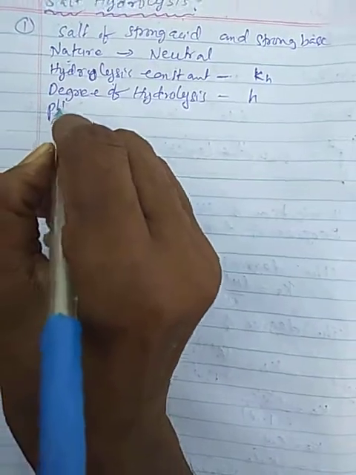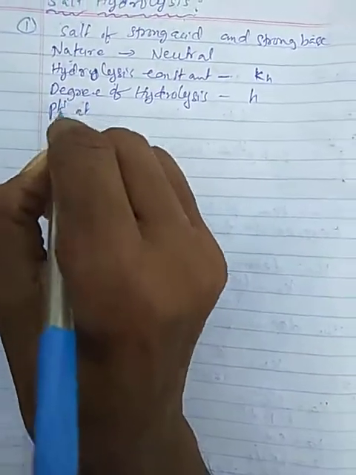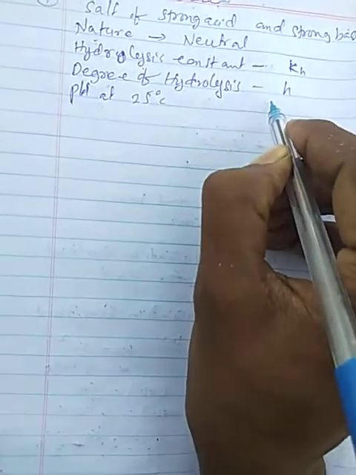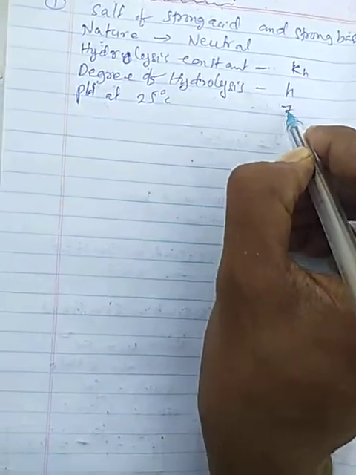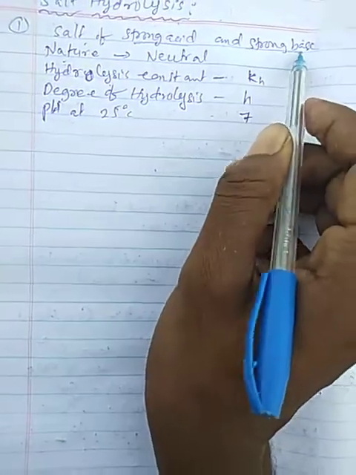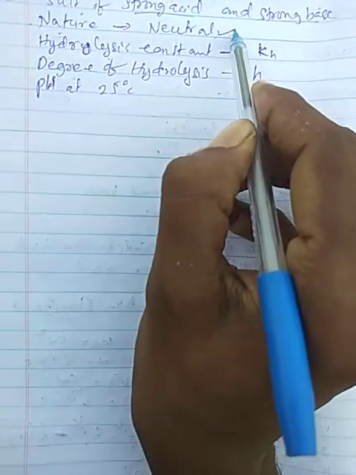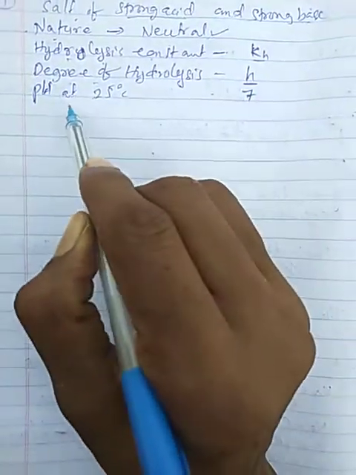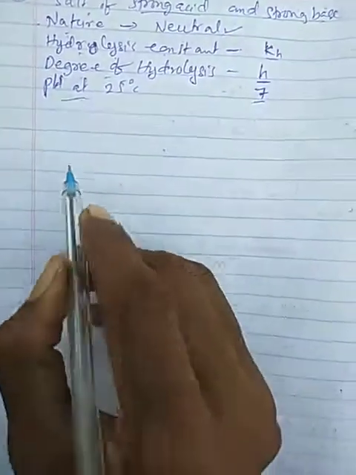Now the pH at 25 degrees Celsius is 7. For the salt of strong acid and strong base, the nature of the solution is neutral. Hydrolysis constant KH, degree of hydrolysis h, and pH is 7.